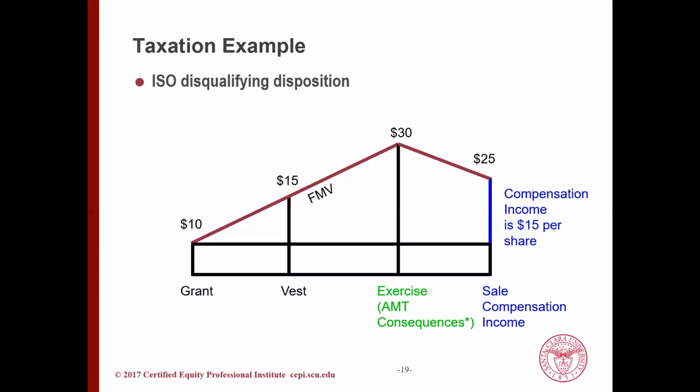In this case, same $20 spread at exercise is still an AMT preference item, and the holding periods are not met, so it's a disqualifying disposition. However, the sale price is less than the exercise price. In this case, the ordinary income reported as compensation will just be the sale price of $25 less the option cost, or $15.